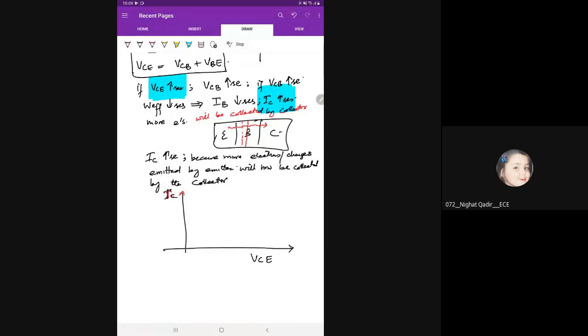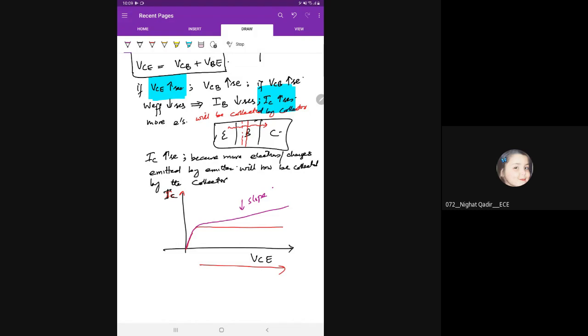So we are expecting that if the curve is like this and VCE goes on increasing, the curve will not be flat like this. In other words, because IC increases with the increase in VCE, then it will be like this. Slightly इसकी भी increase होगी. That is why it will have slope.